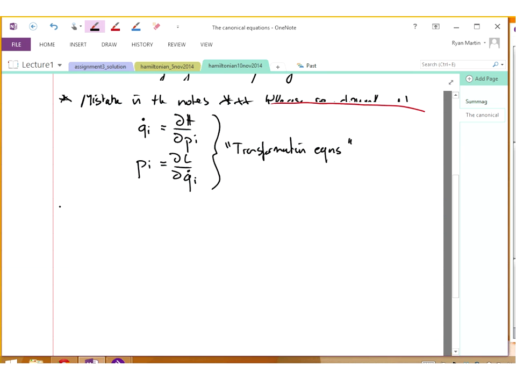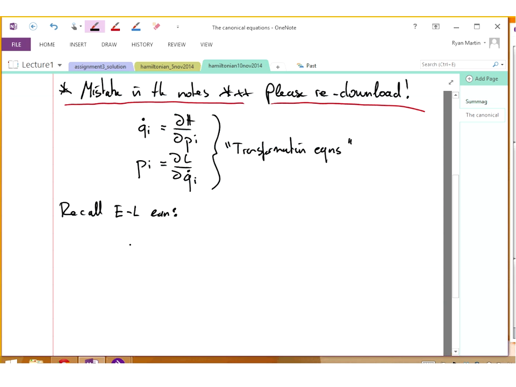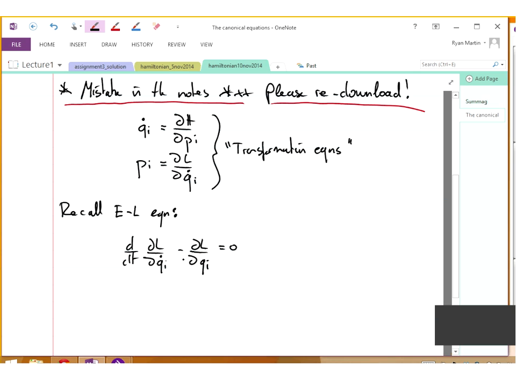So recall the Euler-Lagrange equation. The Euler-Lagrange equation is d/dt of ∂L/∂q_i dot minus ∂L/∂q_i equals 0. So ∂L/∂q_i dot, of course, is p_i.